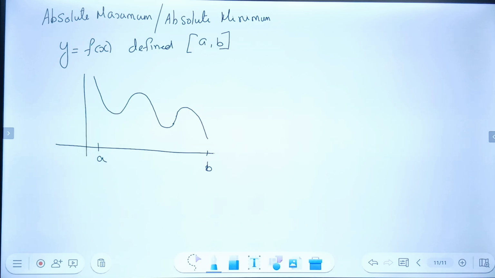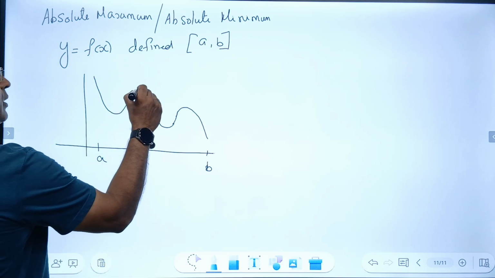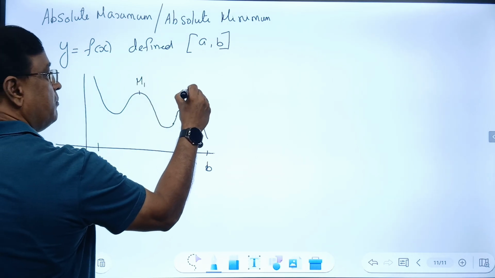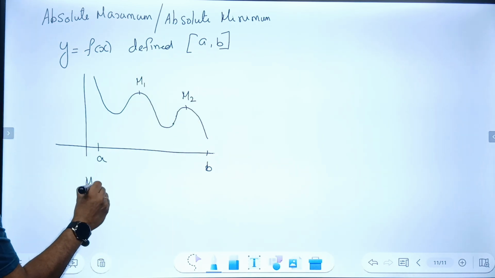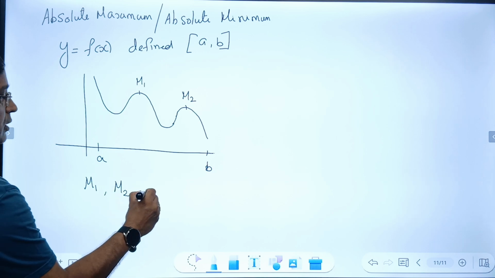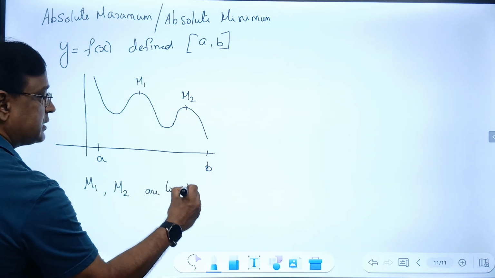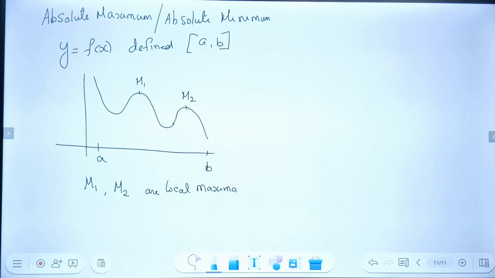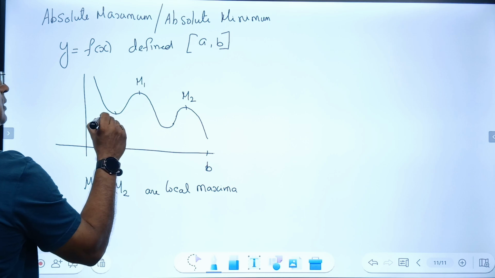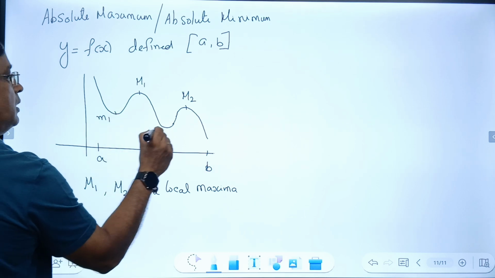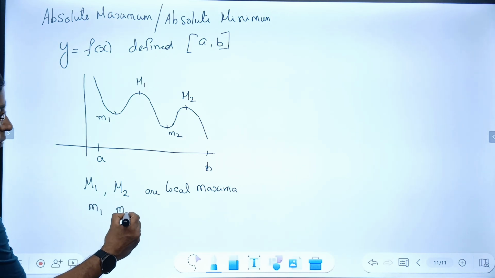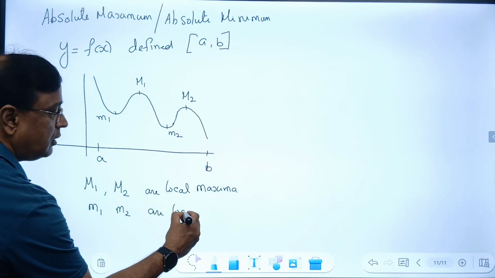Now this has how many local maxima? It has 1 and 2. I call it capital M1 and capital M2. Now here I can say capital M1 and capital M2 are local maxima. And you can say this is small m1 and this is small m2. The small m1 and small m2 are called local minima.